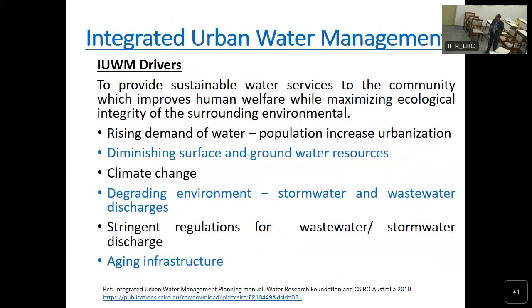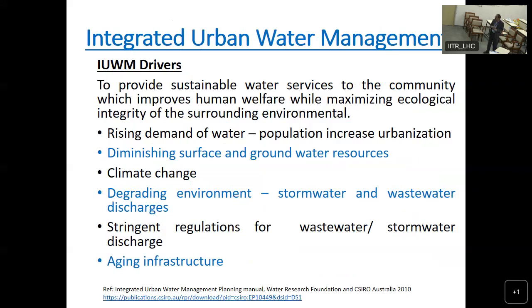So the drivers for integrated water management, as I think we discussed briefly during our first presentation too, are a rising demand because of urbanization, and diminishing surface and groundwater resources, which is happening because of climate change. Climate change is another important factor.